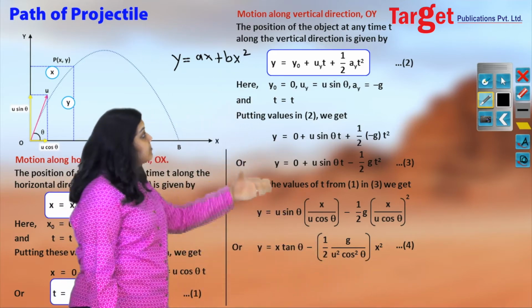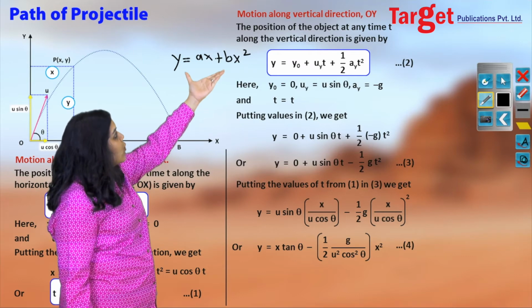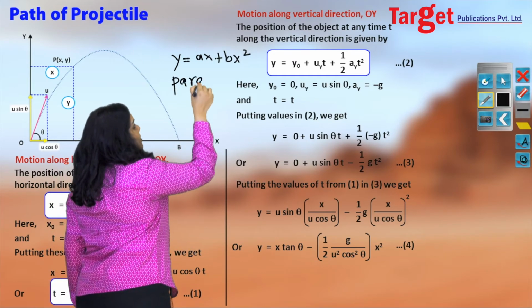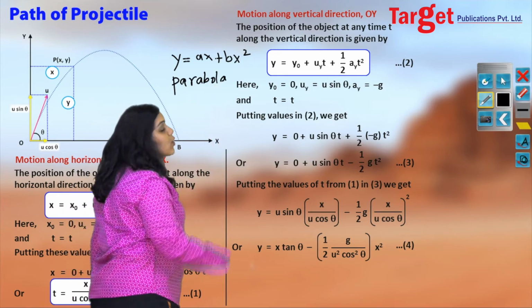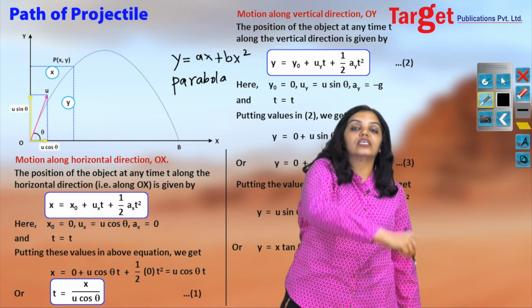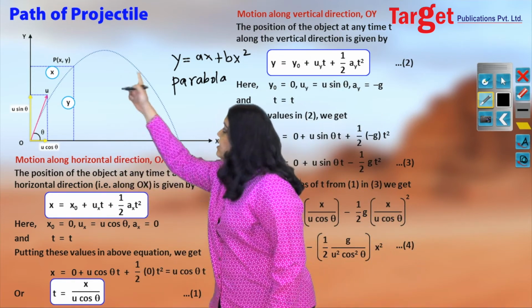So this equation can be written in this form, and any equation of this form always represents a parabola. And it is this equation which gives us the right to draw the equation of motion in angular projection in the way that we do.